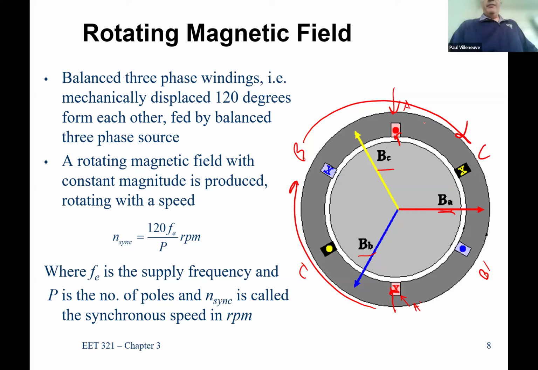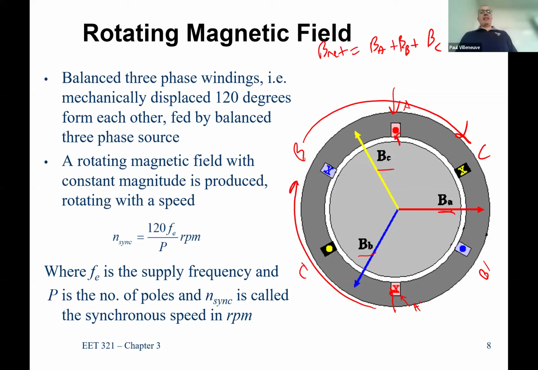And then at the end, I'm going to solve for a net magnetic field, which is going to be the sum of those three. Okay. My net magnetic field, the north-south that exists inside that machine, is determined by summing those together.